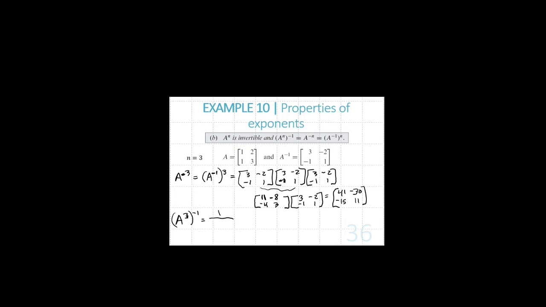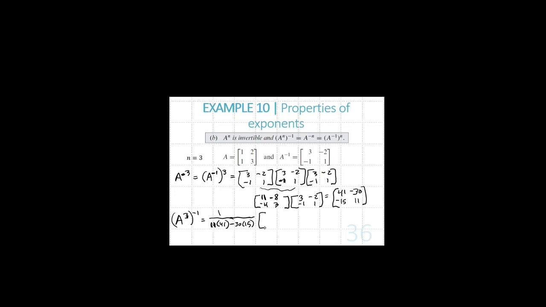So that's 41 times 11, 11 times 41, minus 30 times 15, minus 30 times 15. All that multiplied by 41. All that multiplied by what?